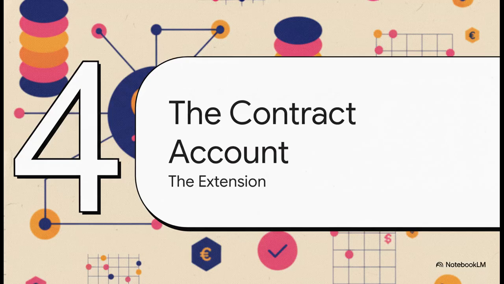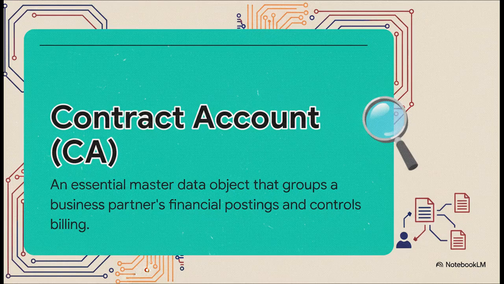Okay, so we've established the who, our business partner with the right role. Now we need to define the how. How are we going to handle the specific financial agreement for a particular service? Well, that is the job of the contract account. The contract account is basically the billable entity. It's the bucket where all the financial transactions for a specific service or agreement get collected.